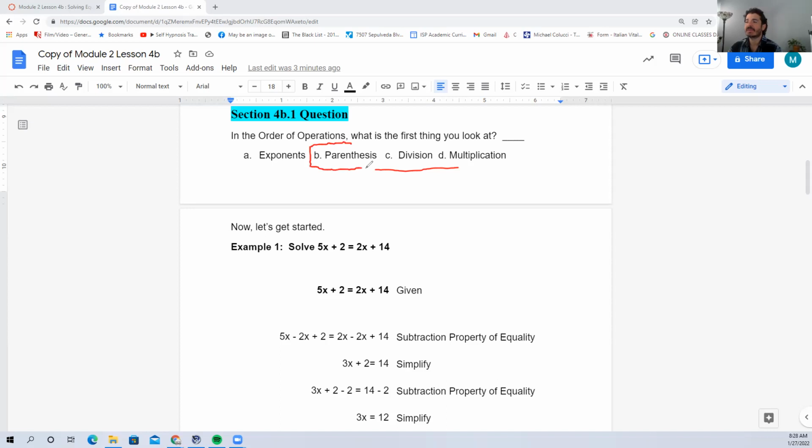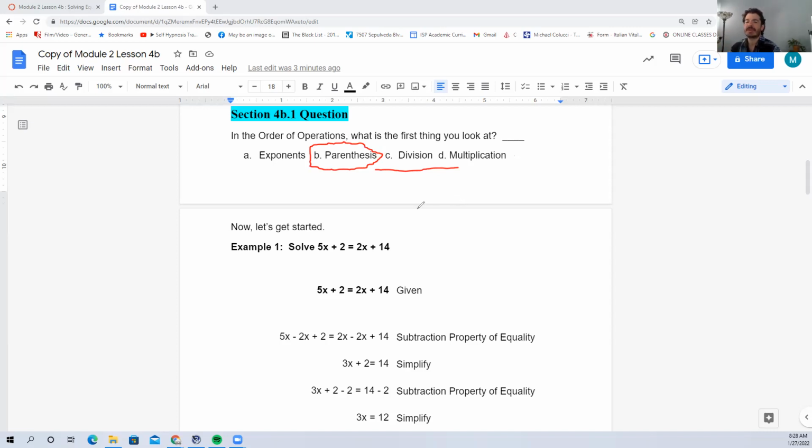In this class, we've been talking about the mnemonic device GEMS, which is a little bit different and doesn't have a P. It begins with a G, which stands for group, which is the same thing as parentheses. We choose that because it also covers brackets and it covers any operation that's happening in the top or the bottom, the numerator or the denominator, of a fraction.